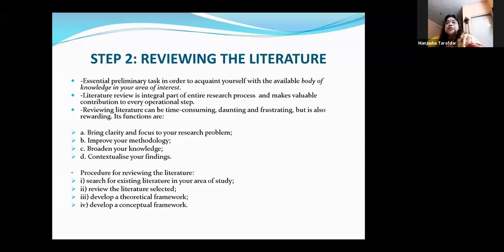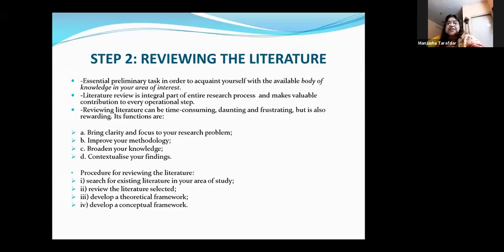You have to review them. Then you will be able to broaden your horizon of research concept, methodology, your contextualization, everything. You can develop your framework in a very efficient manner.